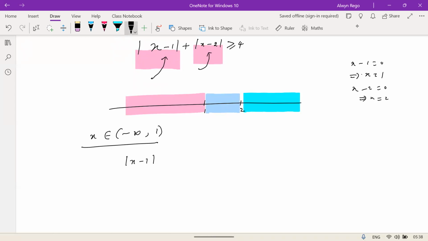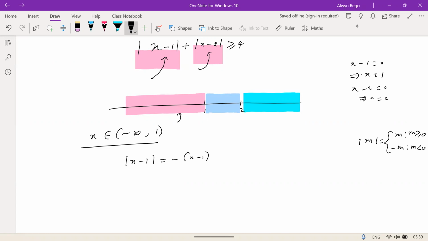If you take a value in this zone, let's say minus 10 or something, absolute value of minus 10 minus 1, that's a negative number. So the expression will be negative of x minus 1, because we said that absolute value of m is equal to m itself if m is more than or equal to 0, and minus m if m is less than 0.